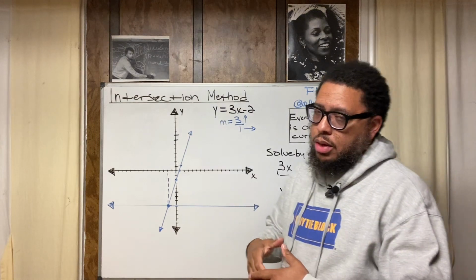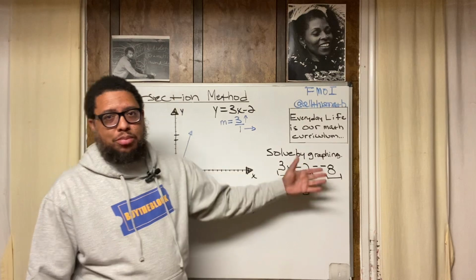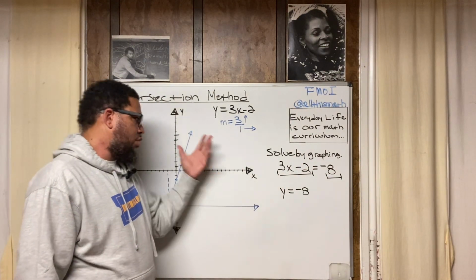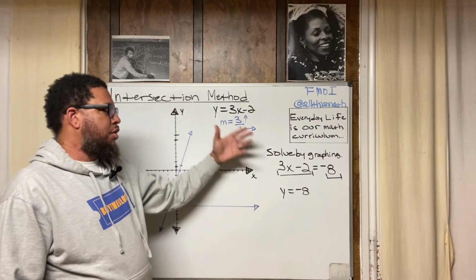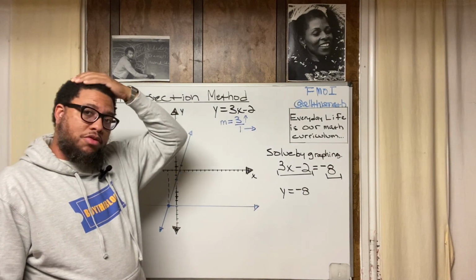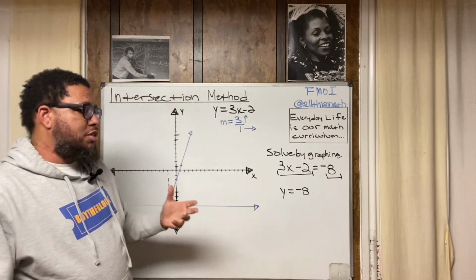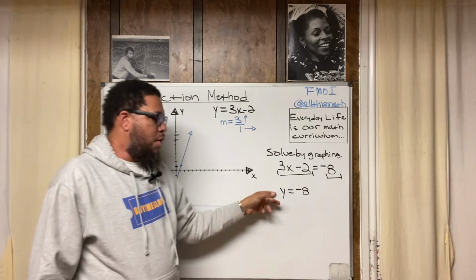Make sure you know how to solve linear equations using traditional algebraic techniques, but also know how to solve them by using graphing, which basically is just the reverse of solving a system of equations. Because you might be given a system of equations where you have 2 equations, y equals 3x minus 2 and y equals -8.